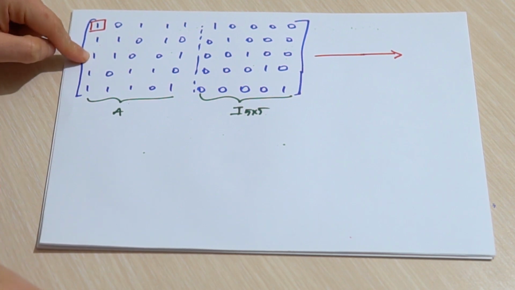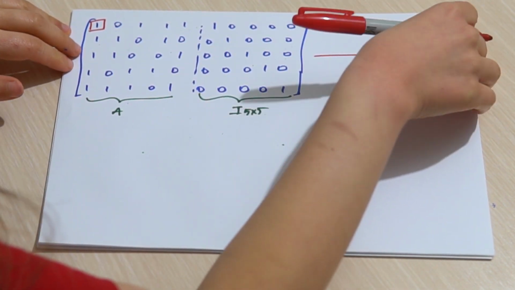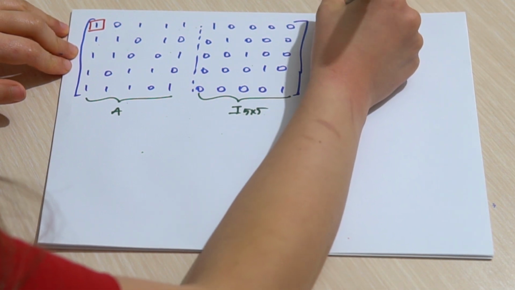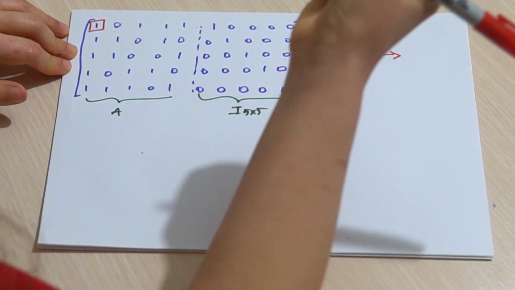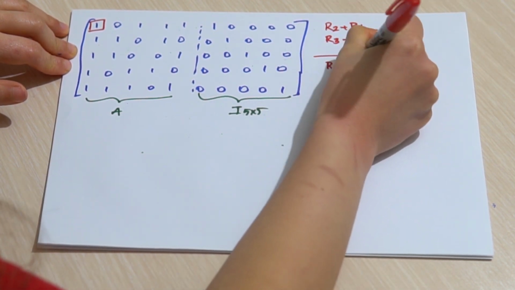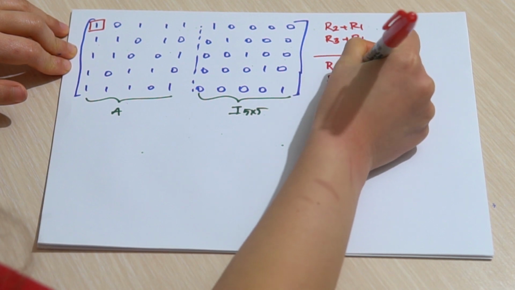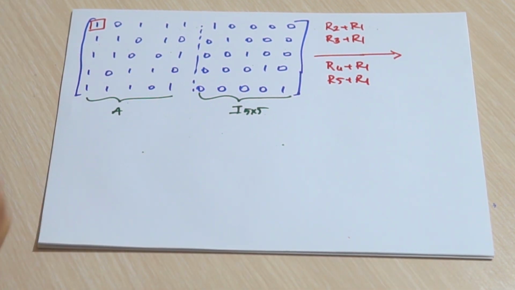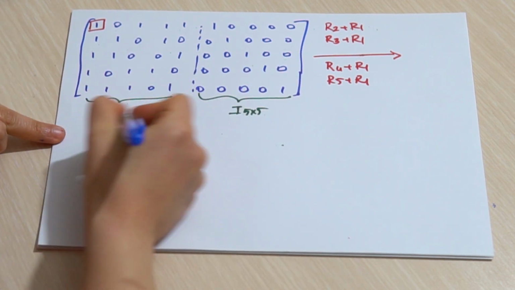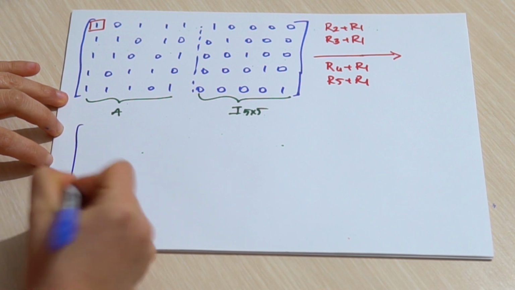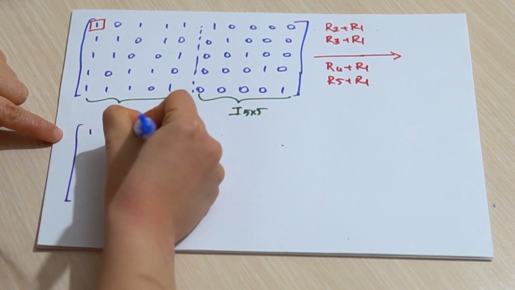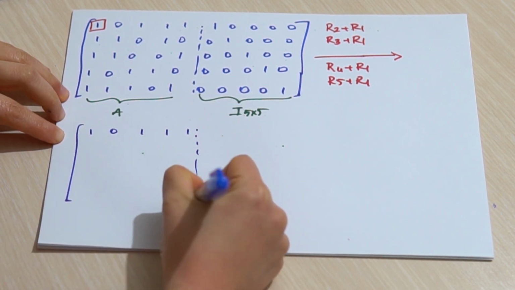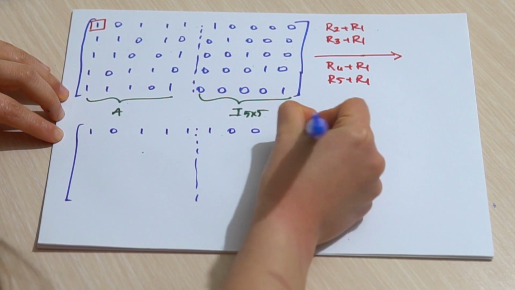When we add 1 here, this becomes 0, right? So we need to add row 1 to row 2, row 1 to row 3, row 1 to row 4, and row 1 to row 5. We should add row 1 to the other rows. Then I will get, let's look, the first row will be the same, we didn't do anything to the first row.